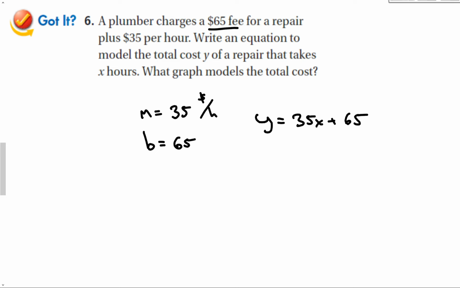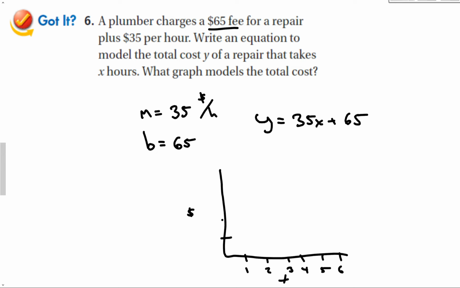Okay? And when you make a graph like this, you obviously want to have a scale that makes sense. So we have dollars over here and time down here, because that is my independent variable. We're going to make hours 1, 2, 3, 4, 5, 6.